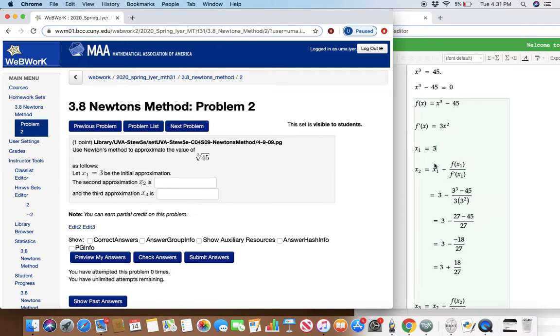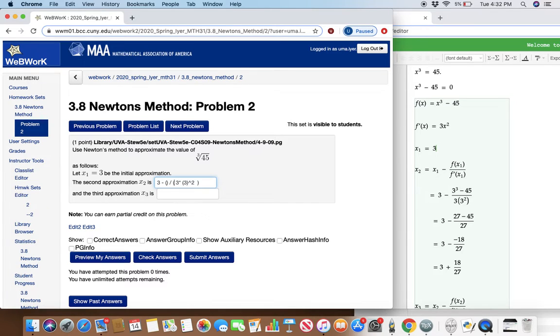So I need to write 3 in the first place minus, I have a numerator and a denominator. Always write this down within parentheses, so now you are safe. Whatever you do, you will do inside these parentheses, okay? Denominator is 3 times x squared, so 3 times my old x is 3 power 2.